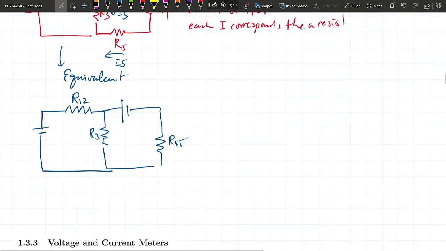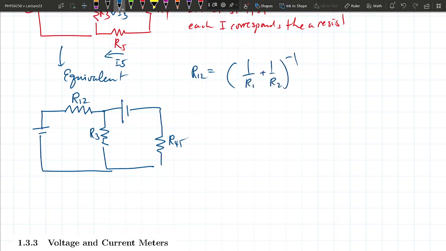Okay. R1 and R2 are parallel to each other. That's the more complicated equation. I'm going to see what that is in a second here. This is actually 1 over R1 plus 1 over R2, all inverted. R1 is 10 ohms. R2 is 20 ohms. All inverted. So this is 1 over, what is this? 3/20 inverted.